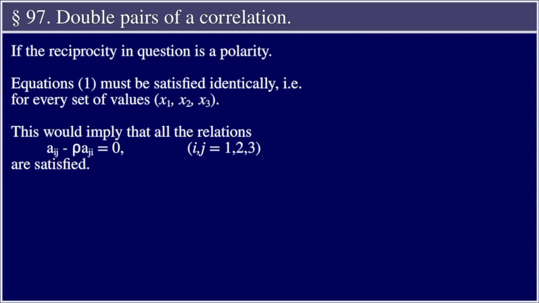If the reciprocity in question is a polarity, equations 1 must be satisfied identically, that is, for every set of values x1, x2, x3. This would imply that all the relations aij − ρaji = 0 for i, j equal to 1, 2, 3 are satisfied.